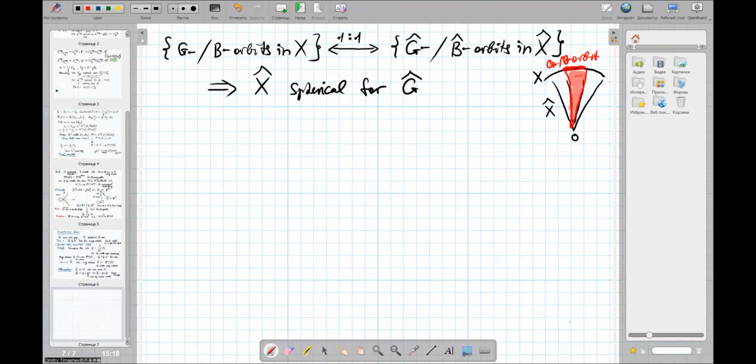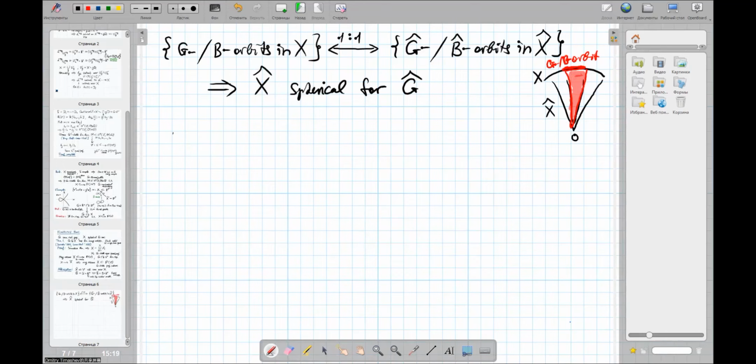X was spherical, there exists an open B orbit in X, and the cone over this orbit will be the open B hat orbit in X hat. So X hat is also spherical. And if we prove that the number of G hat orbits in X hat is finite, then thanks to this bijection, we'll prove that the number of G orbits in X is also finite.